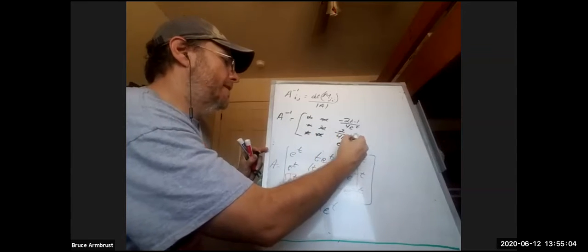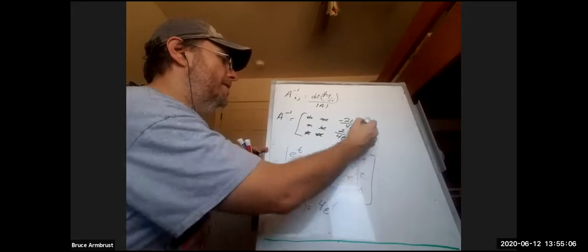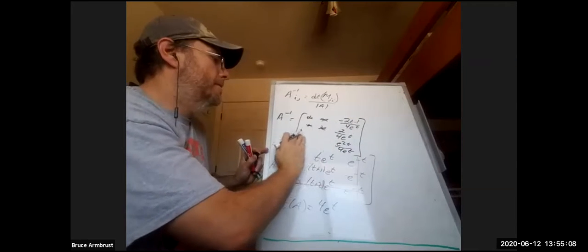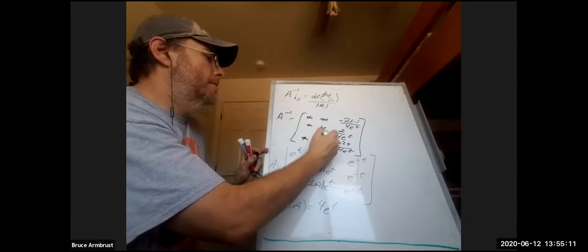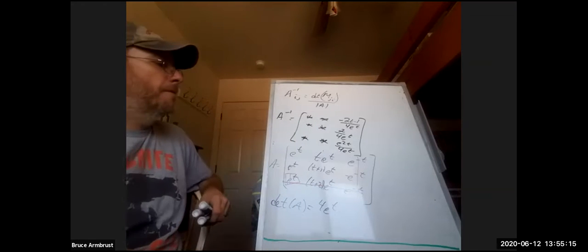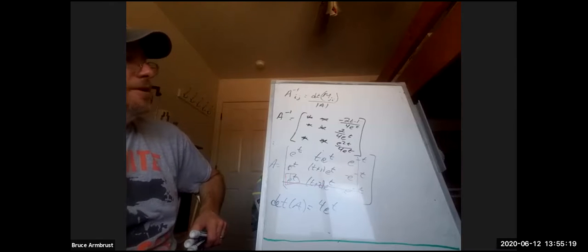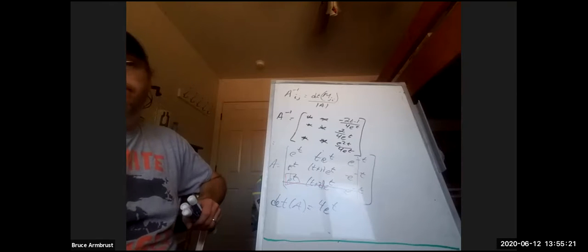We get e to the 2t over 4 e to the t. All right, so there's the part of A inverse I care about. I don't care about the rest. I only care about this.